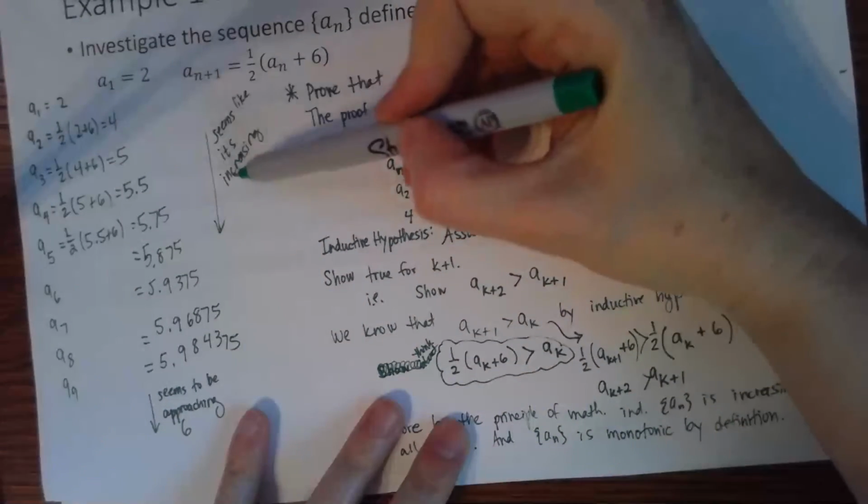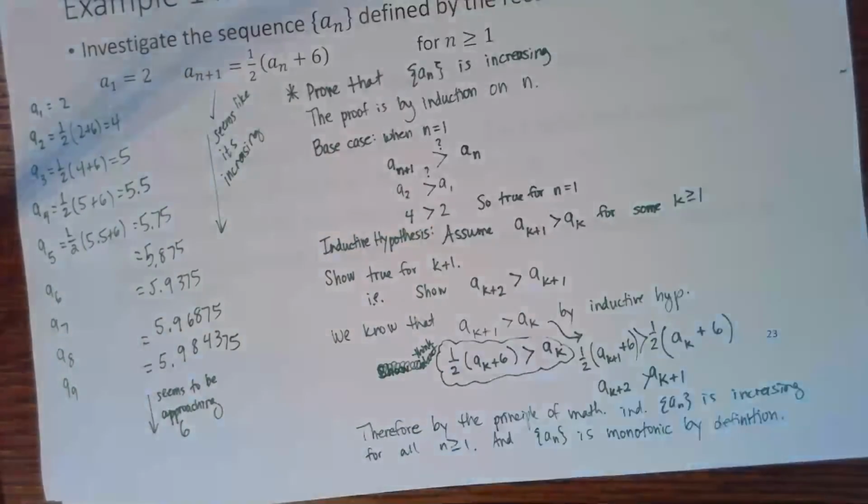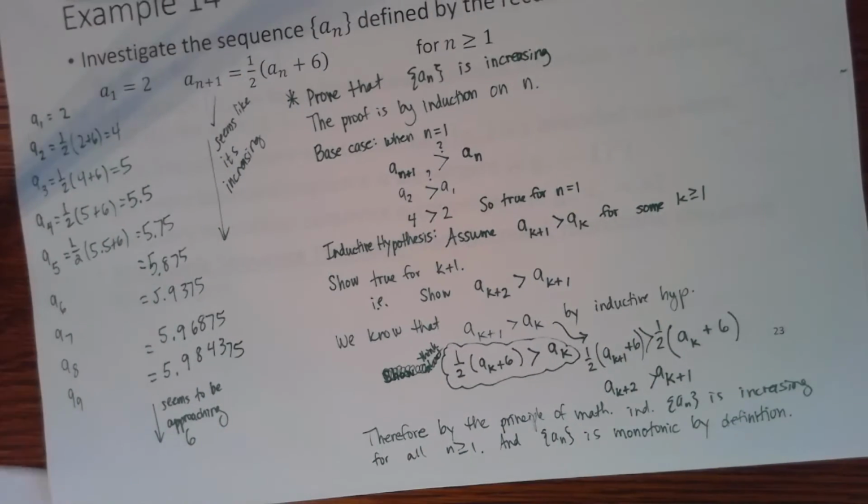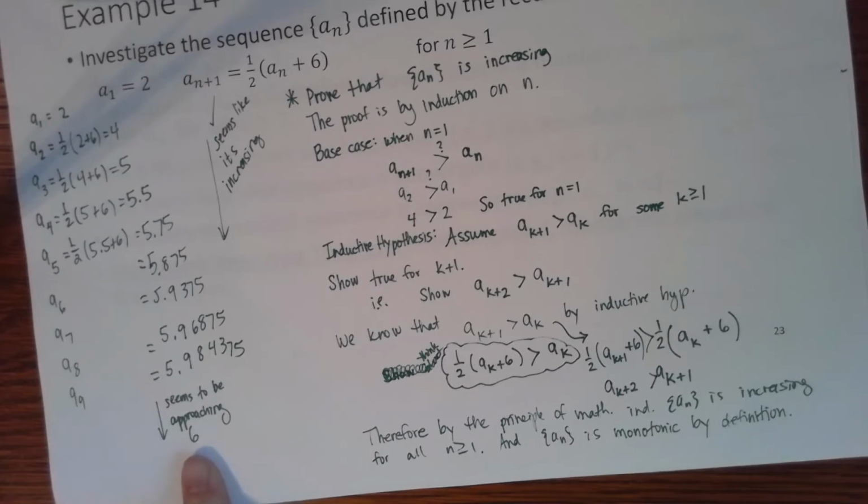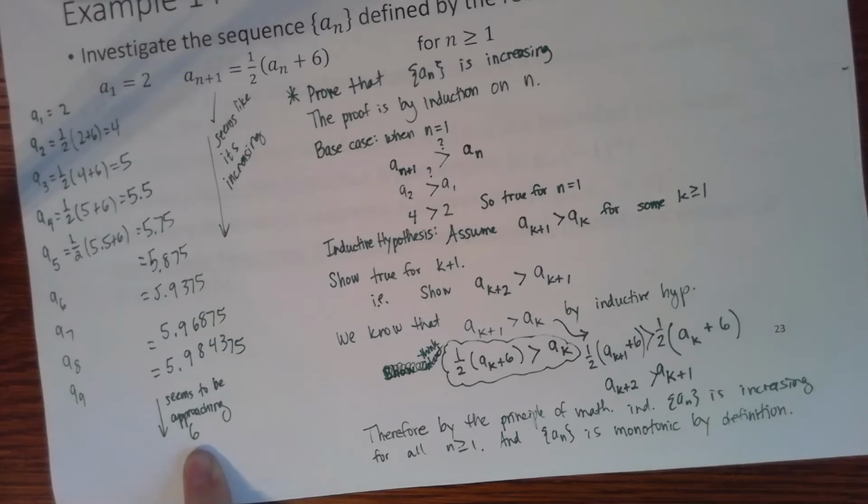It seemed like it was increasing, and sure enough, we proved that it was increasing. The last thing that we have to do is show that it has a limit of 6. So let's show that it's bounded above by 6.